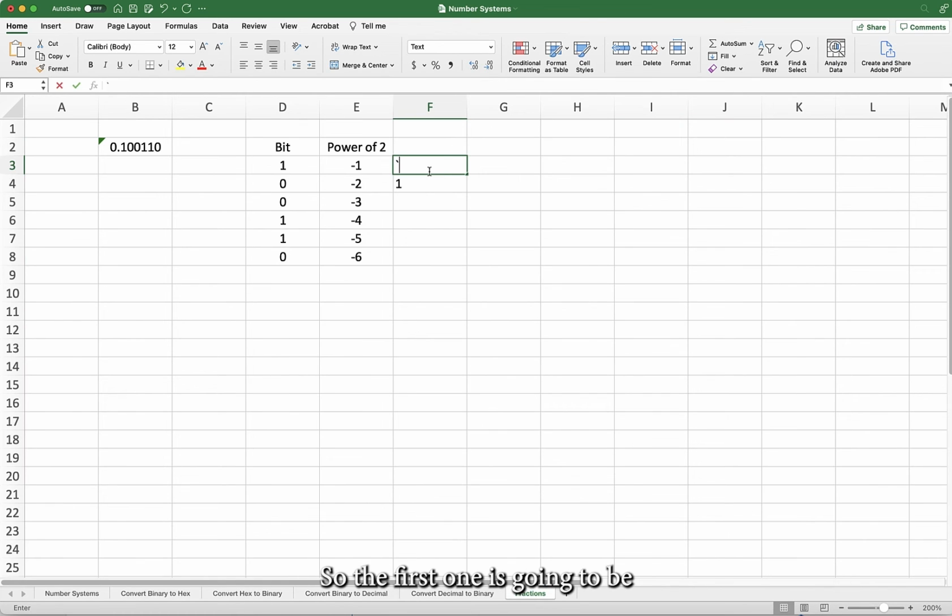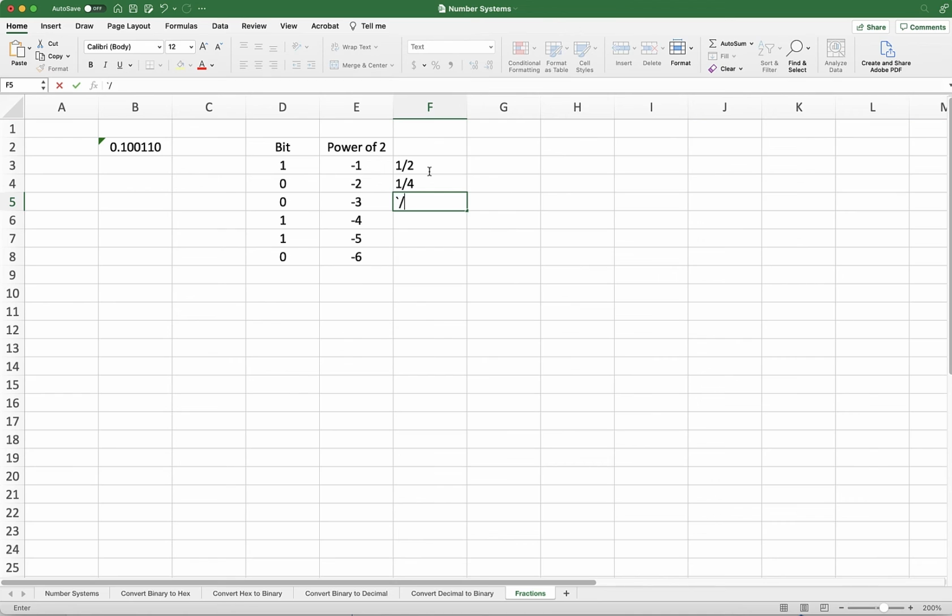So the first one is going to be a half, then a quarter, then an eighth, then a 16th, then a 32nd, and then 1/64th.